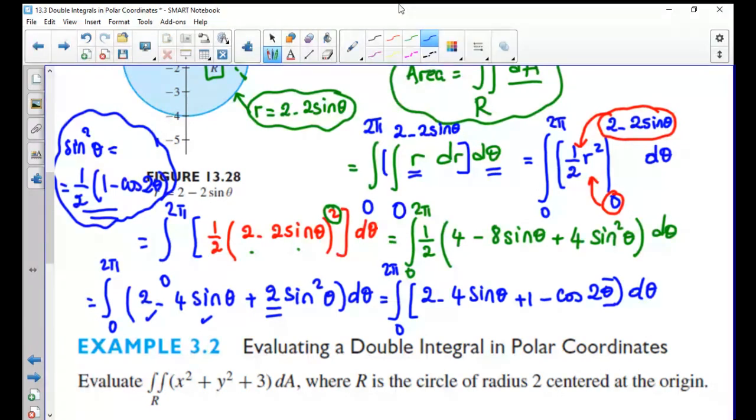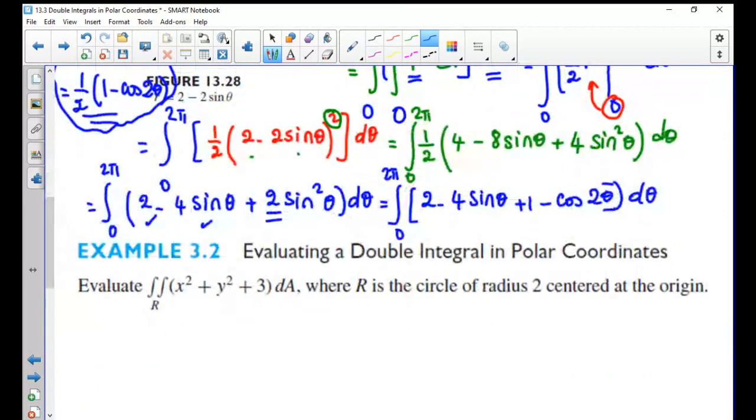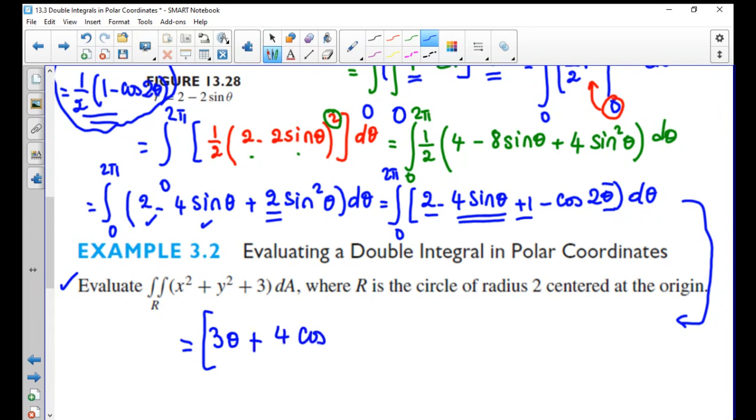So I will complete that here, because this one we actually already did. 3.1 is the one I just did at the beginning. So let me complete this here. 2 plus 1 gives us 3, so it's going to be 3 theta. Then we will have a minus 4 sine theta that we need to integrate, so it's going to be plus 4 cosine theta.